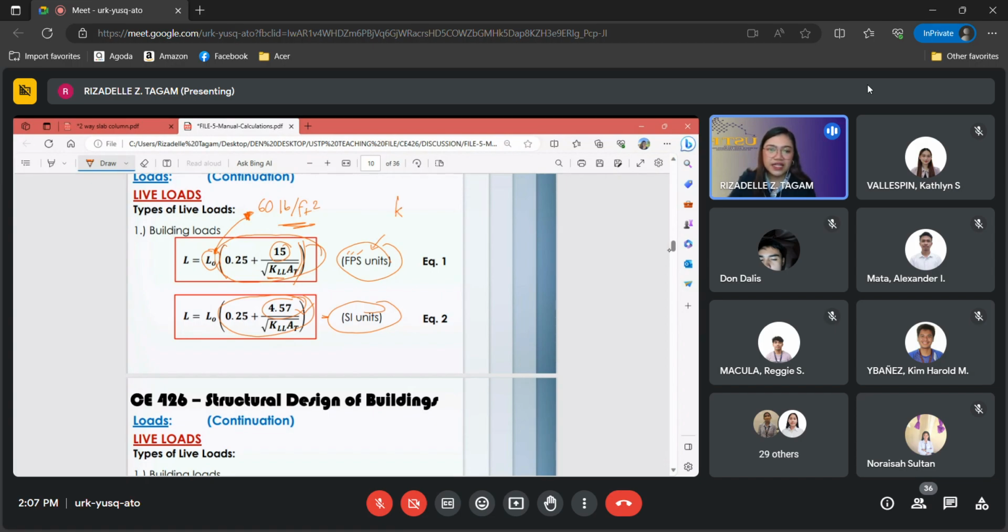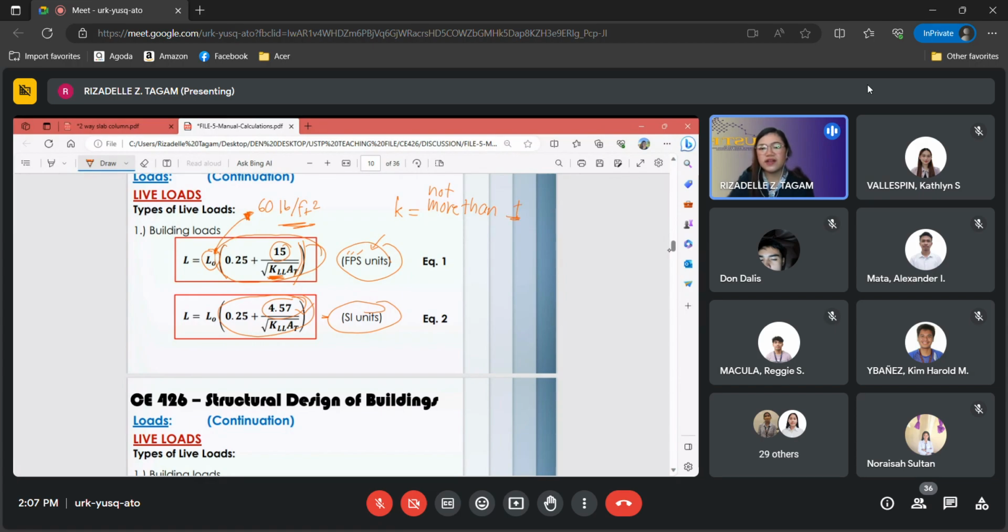Ang K sub LL is dako man nga K. Big K man na. K ni nga gamay, kanang whole equation na 0.25 plus 15 over square root of K sub LL multiplied by A sub T. That is K. And that should not be more than 1.